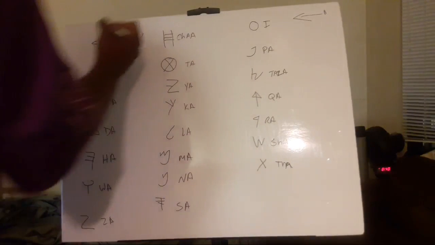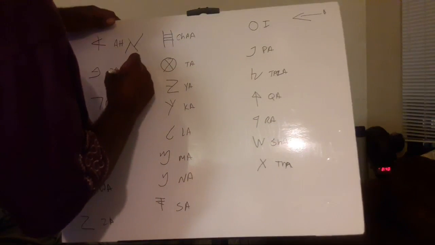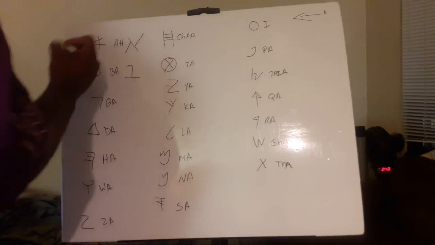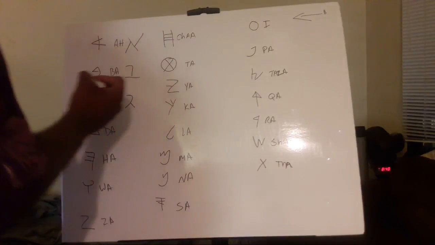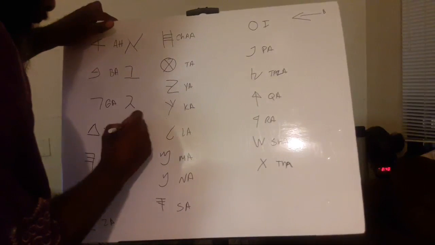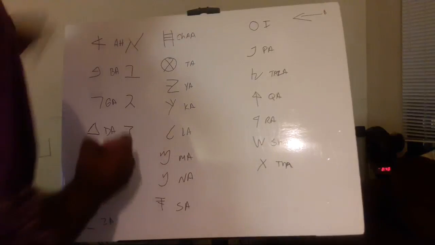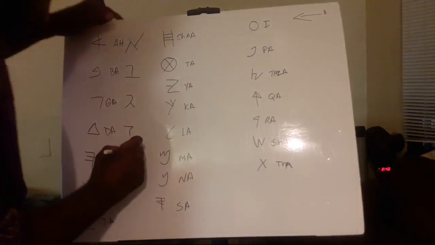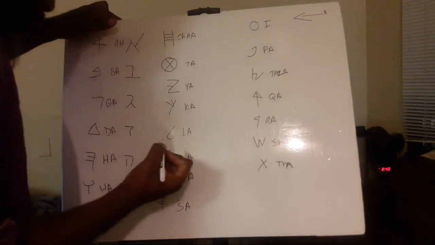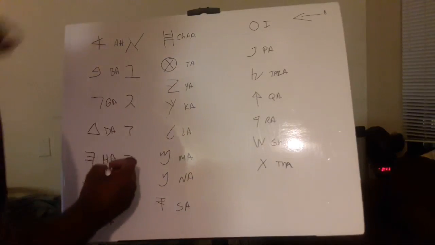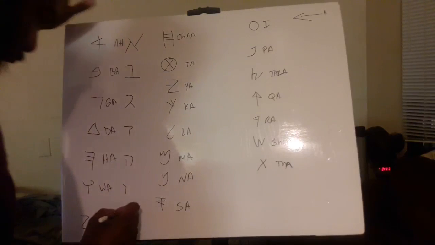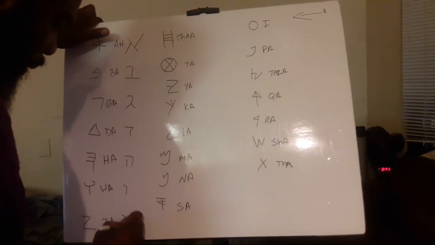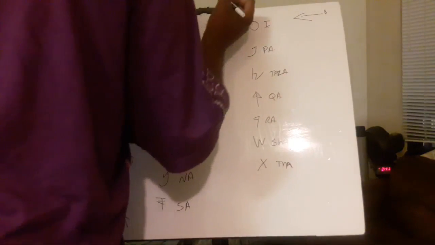Looks like that. Ba, ga, da, ha, wa, za, ka.